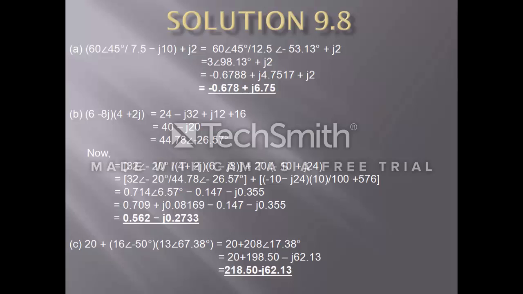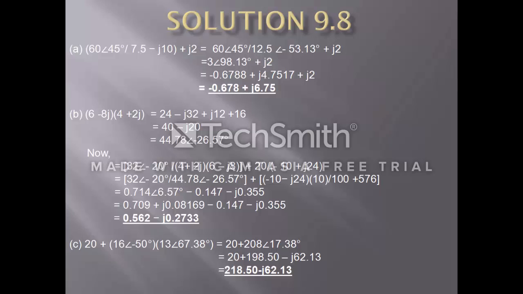Then we replace this value and the equation becomes 32 phase angle minus 20 degrees divided by 44.78 phase angle 26.57 degrees plus minus 10 minus j24 into 10 divided by 100 plus 576. This came from multiplying the conjugate of minus 10 plus j24 in both the numerator as well as the denominator. So we received this equation.